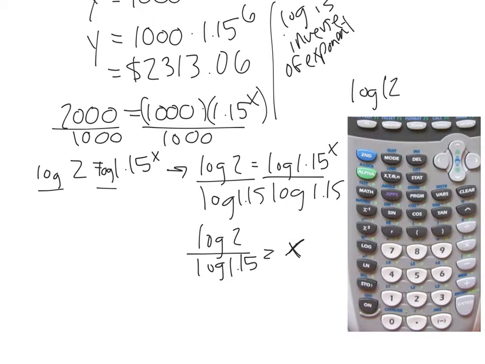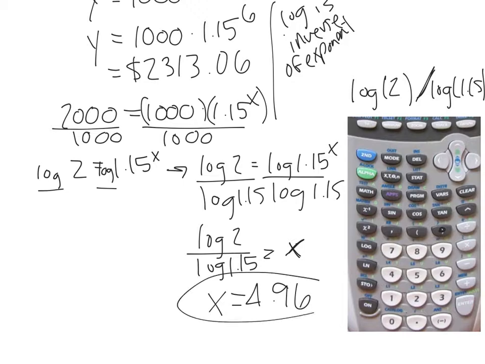And then you're going to make sure that you hit the close parentheses, which is right here on your keypad. Divided by, so you hit your divided by sign, log of 1.15. And if you hit enter, that spits out x equals 4.96.